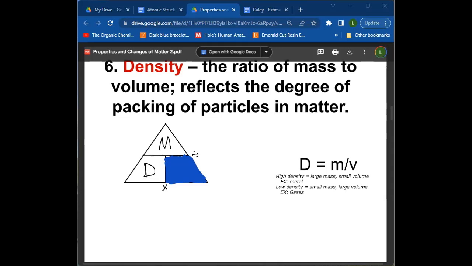Okay, but then if we're looking for mass, we just cover that up, and then it's density times volume.